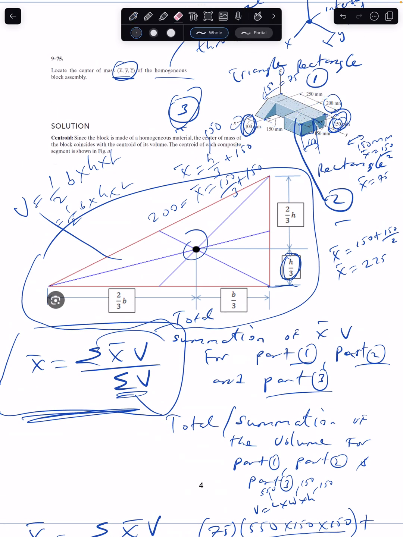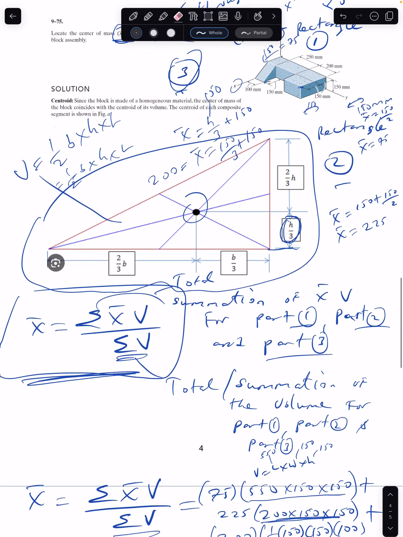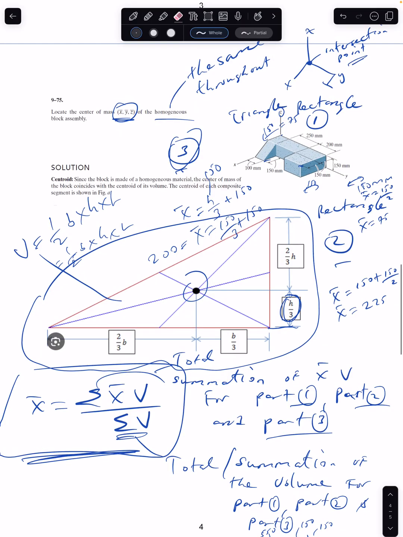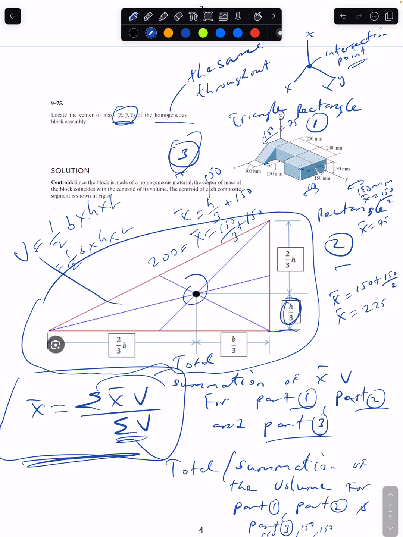So the centroid for this body will lie at a distance of 120. The center of gravity for X will lie somewhere around 120 along the X axis.